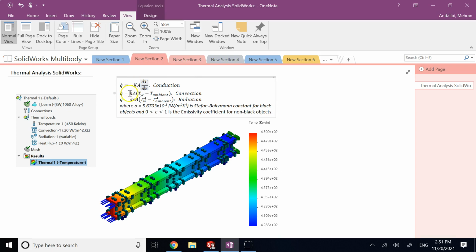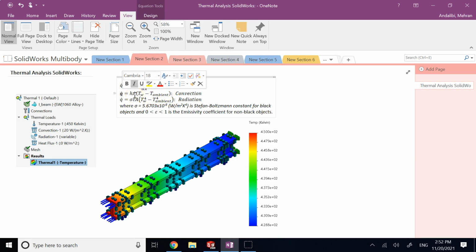The other mode of heat transfer that we have is convection, where the hot surface is exposed to a fluid, right? And so if the temperature of that wall that is exposed to the fluid is T sub W, and the temperature of the fluid around the part is T ambient or T fluid, then the heat flux due to convection, Q dot, is given by h times A times (T_W minus T ambient), right?